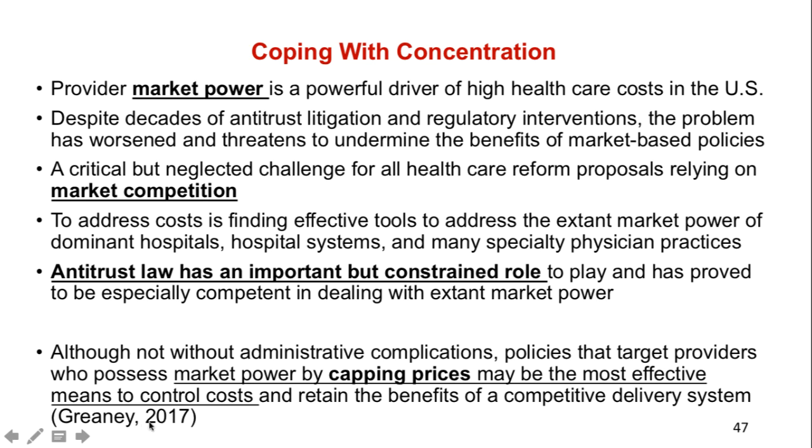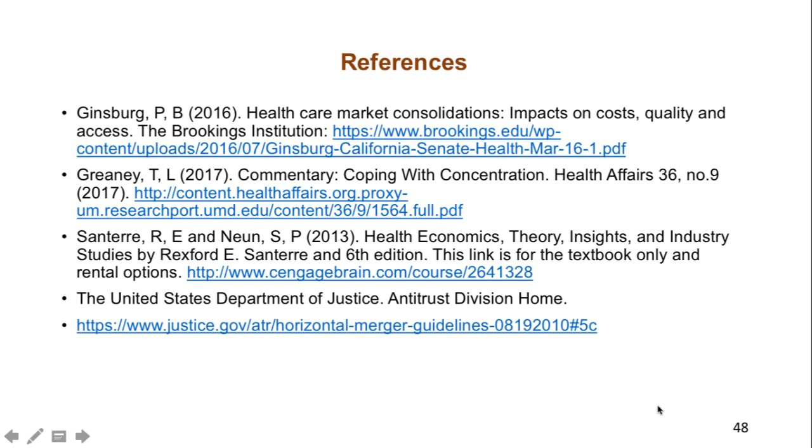Greensley, a professor of law at the University of California, suggests that antitrust law has an important but constrained role, and the best way to prevent market power is perhaps capping prices, which may be most effective. So this is the end of chapter 8.